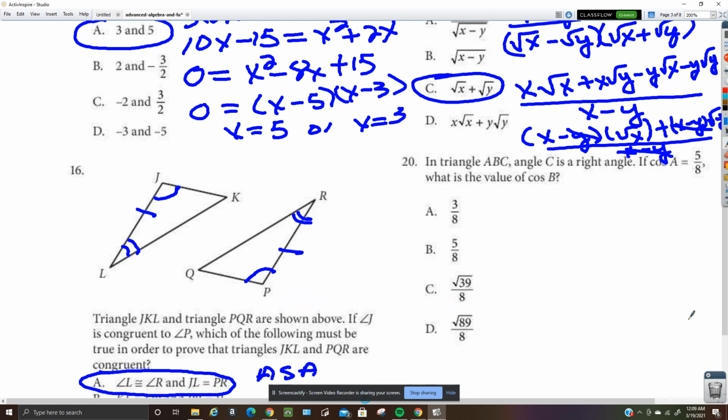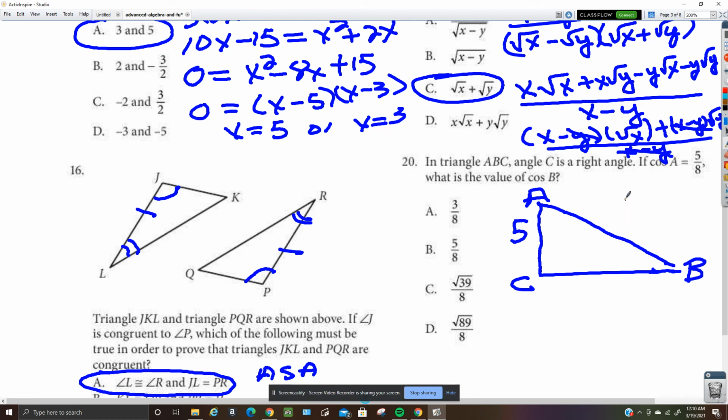And then in triangle ABC, C is the right angle. If cosine of A is 5/8, what's the cosine of B? So I have to find this missing side here. Well, this is actually side a here.